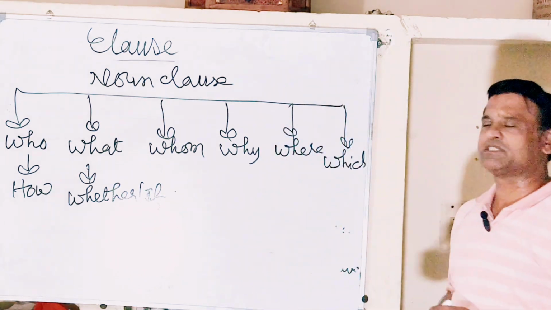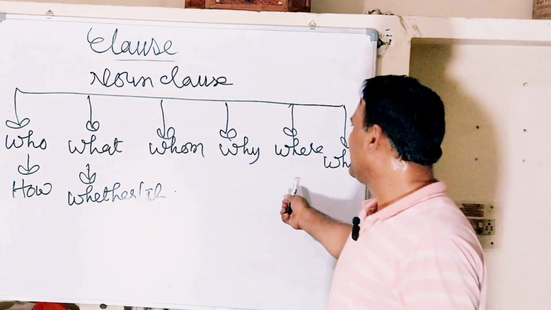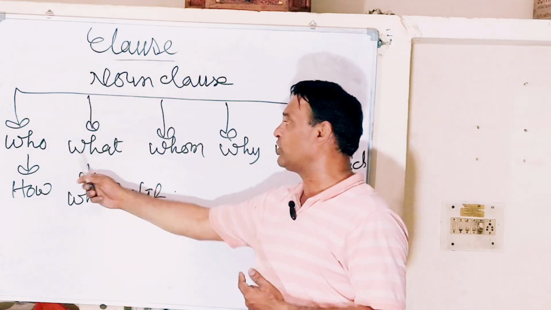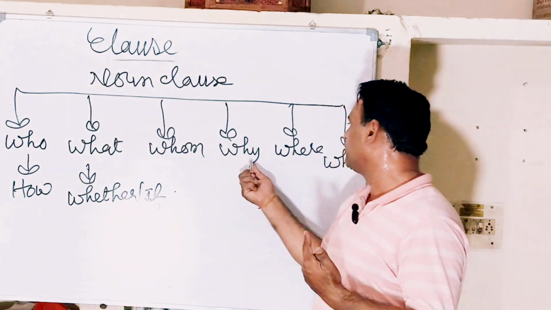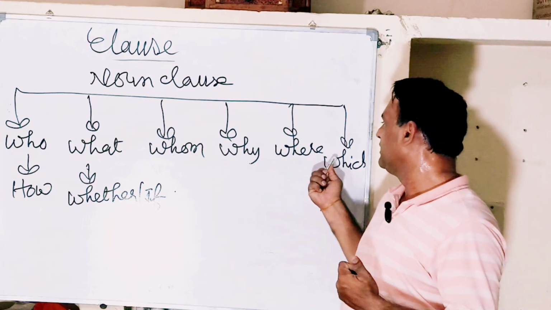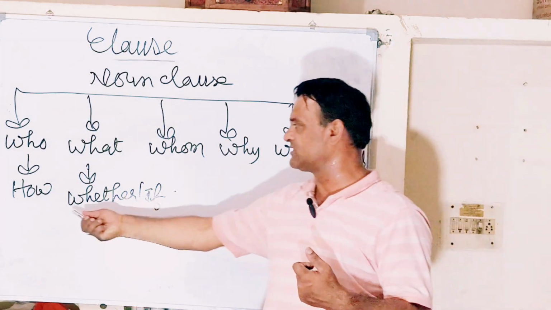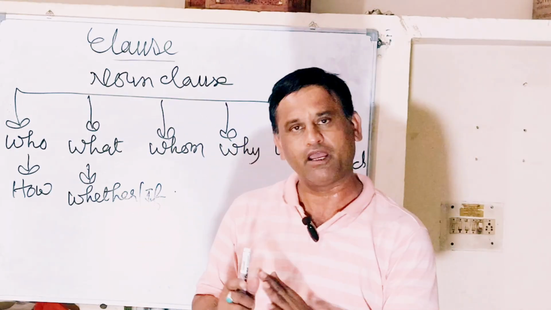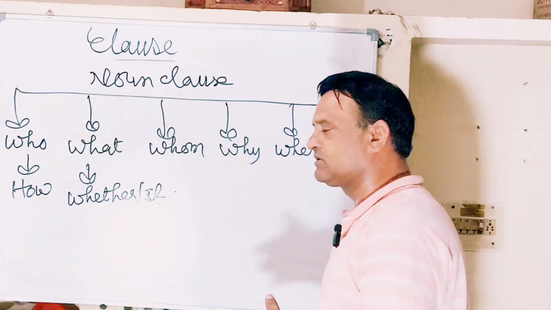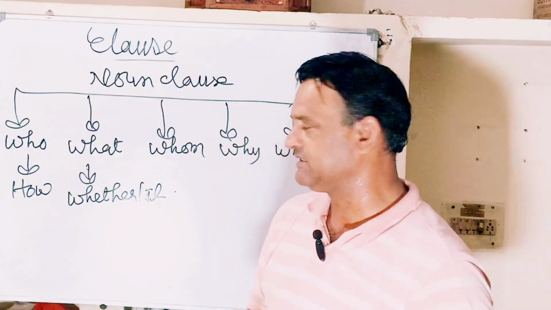So noun clause can start with who, what, whom, why, where, which, how, whether or if. They have the same meaning. Let us practice with the sentences.